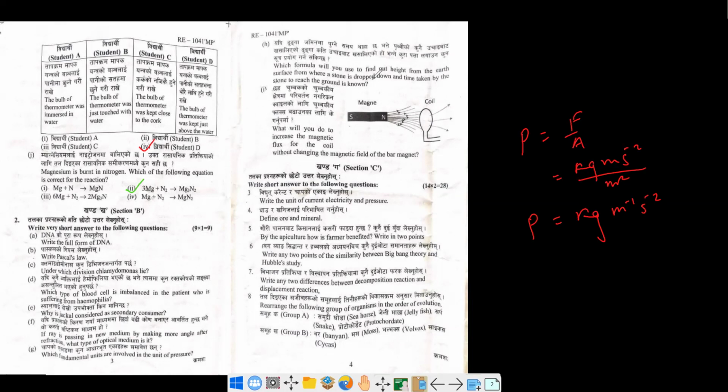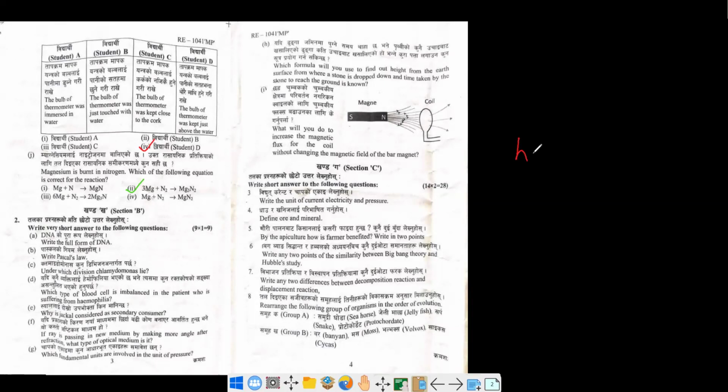Which formula will you use to find the height from the earth surface from where the stone is dropped down, and time taken by the stone to reach the ground is known? Okay, so simple. You already have done this kind of simple problem. So it is a Newtonian dynamics.